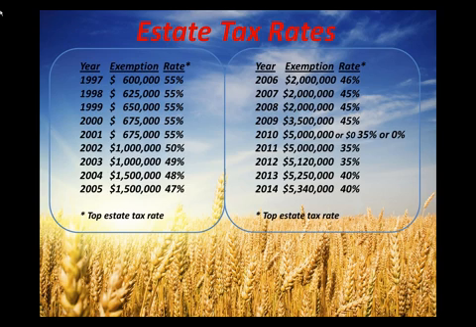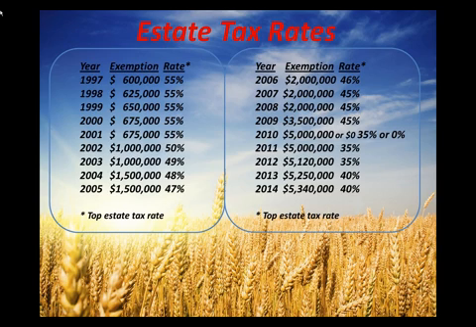Now, we need to talk about the estate tax rates. This is the same screenshot that we had a few screens back when we were talking about the exemption amount and how it's grown from $600,000 to $5,340,000. Notice that the top rate was 55% in 1997. It stayed that way until 2002 when it dropped to 50%.